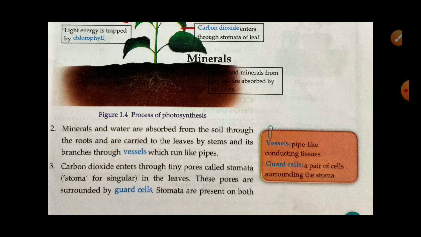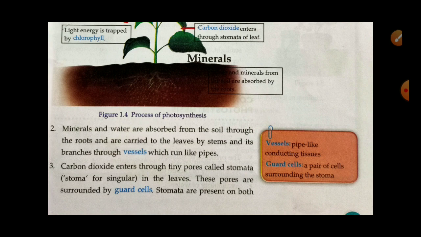We can say they are pipe-like or pump-like structures which carry the water and minerals upward, to the stem and after the stem to the leaves. So minerals and water absorbed by the roots are fetched upward by these hollow, pipe-like vessels.